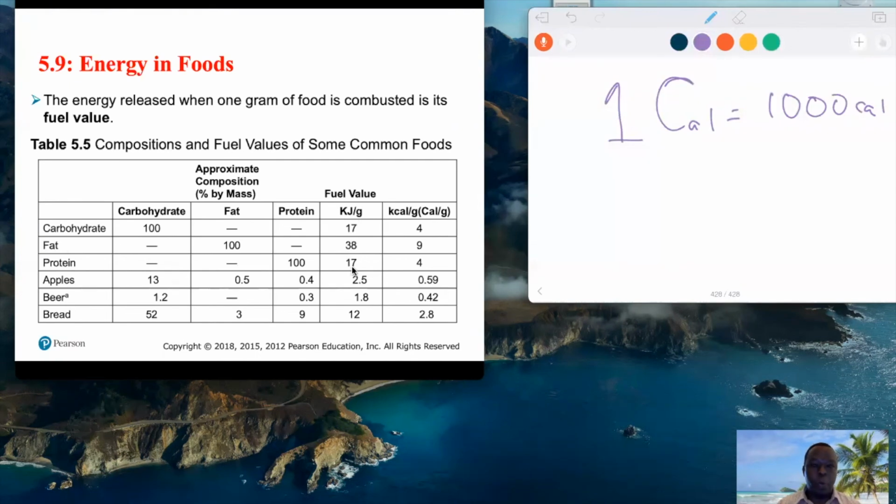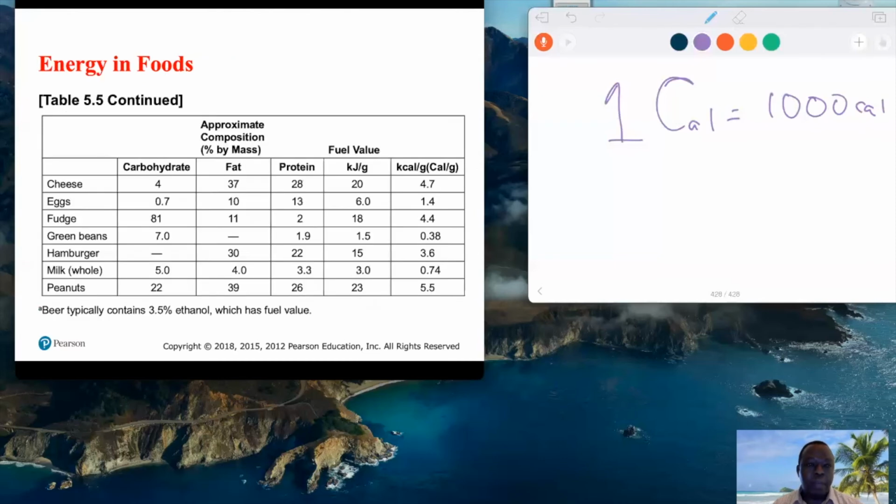So the point is, if you are given these values, the fuel value for each type of food, you can calculate the total fuel value for a meal based on what? Based on this fuel value. It's just a question of using dimensional analysis given these values. I'll give you the fuel value for each type of food, give you the meal composition, and ask what is the total fuel value.